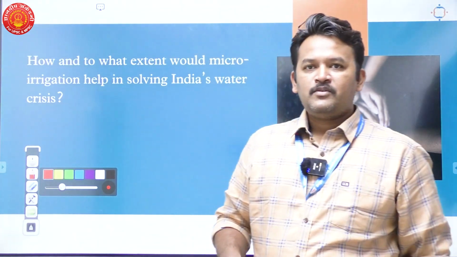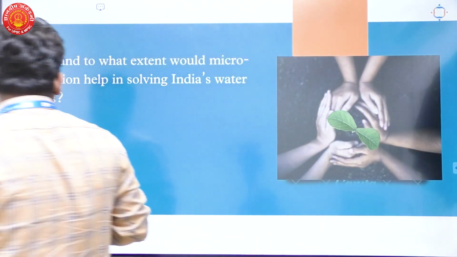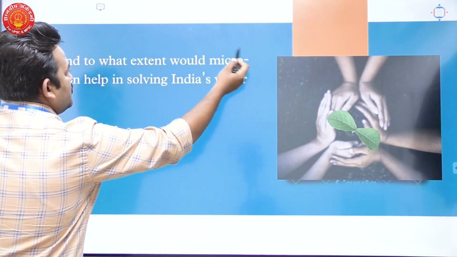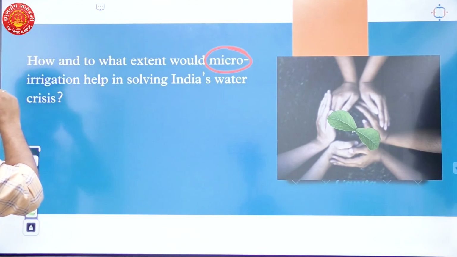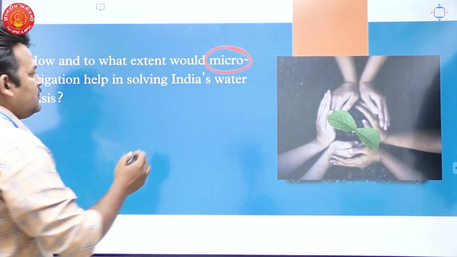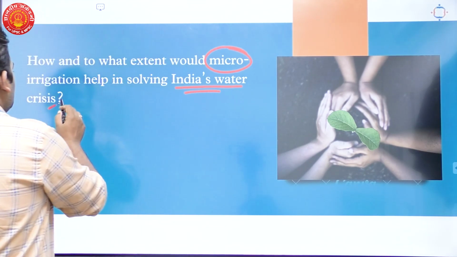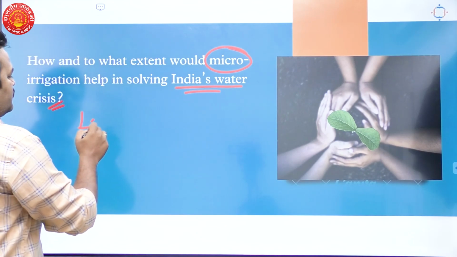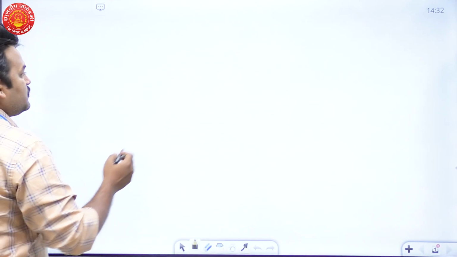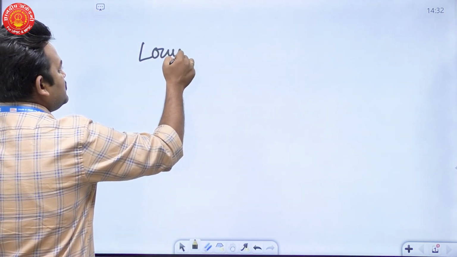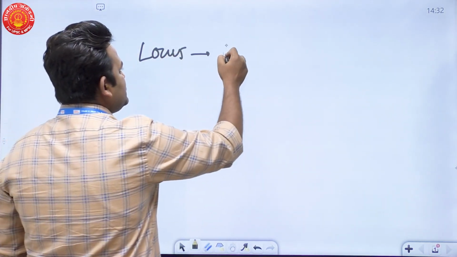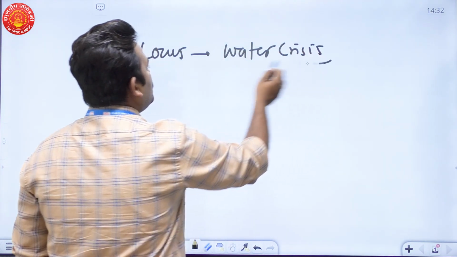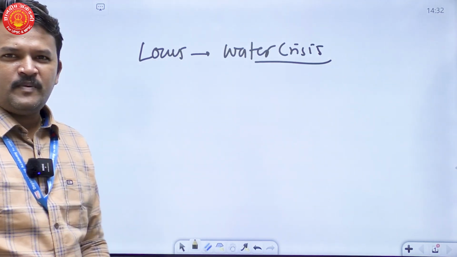In this particular question there are two parts. The first part focuses on the micro irrigation aspect. The second part focuses on India's water crisis. The locus of the question is the water crisis in India, so we have to discuss the water crisis in general, not in a specific manner.